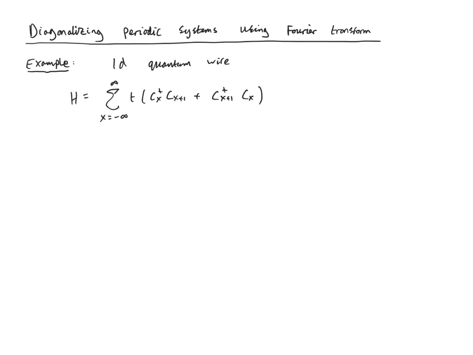If you were to write this in matrix form, it would be a tridiagonal matrix with the t's on the leading off-diagonal elements, but the matrix would be infinite dimensional. So we would not, of course, be able to solve this numerically.